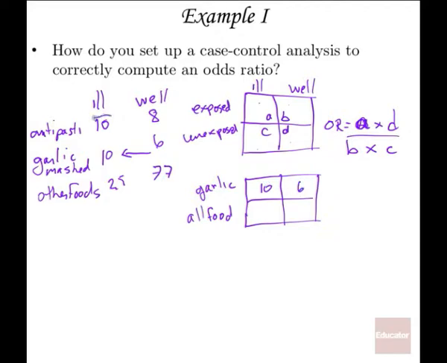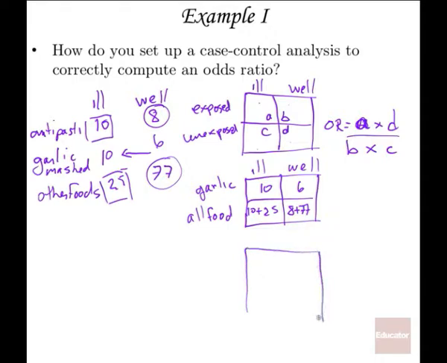And then to compute all the other foods, we have to add them up. So the ill individuals, remember these are ill and these are well. So that's 10 plus 25. And the other cell is 8 plus 77. So that works out to be, and I always do everything step by step, right? 10, 6, 35, and 85.